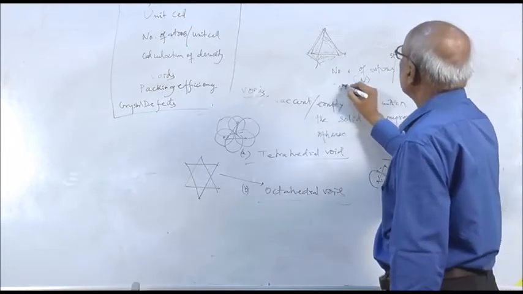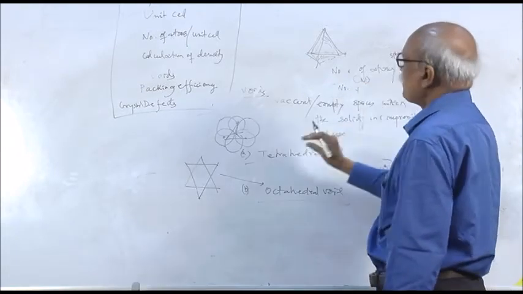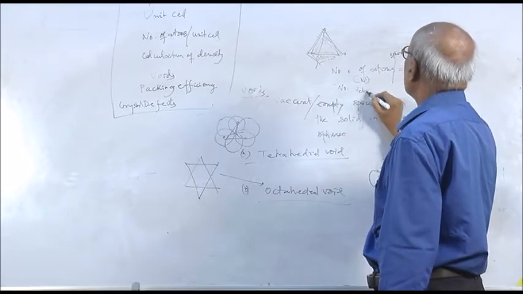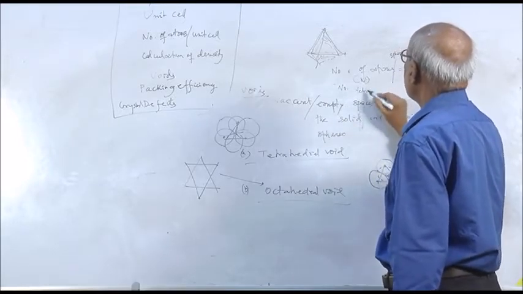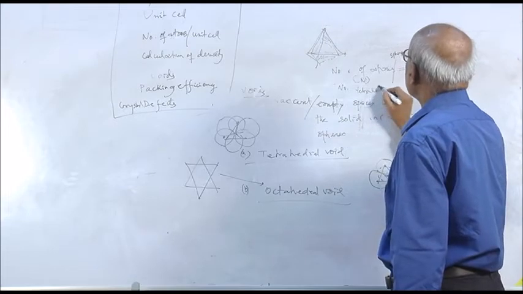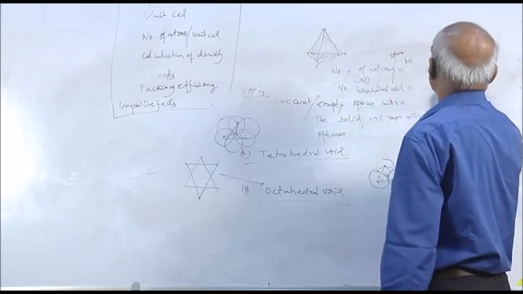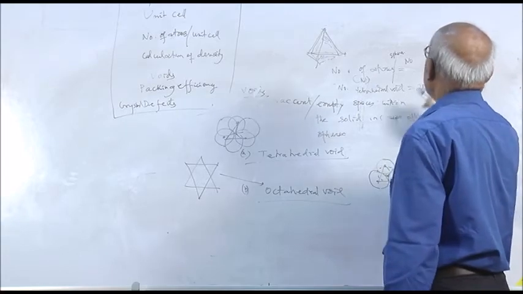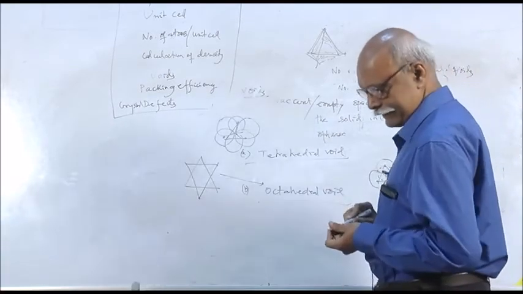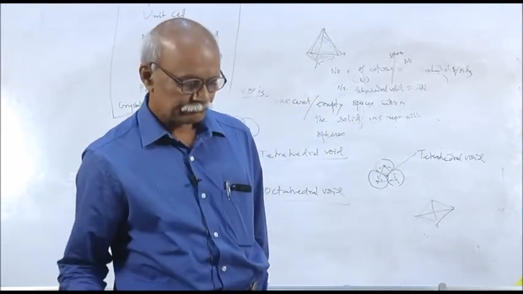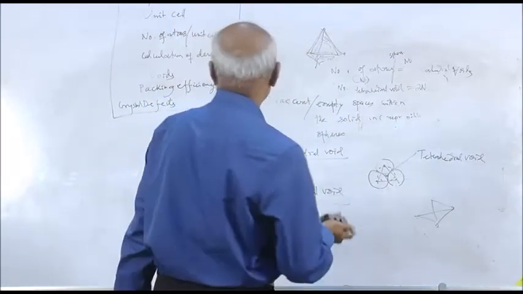And the tetrahedral void is the smaller one, so there will be more of them than octahedral voids. For short questions you can remember: the number of tetrahedral voids is twice that of octahedral voids, 2n, where n is the number of atoms. So these are your voids.